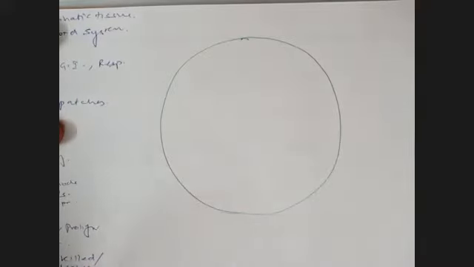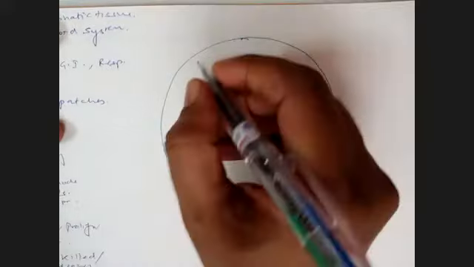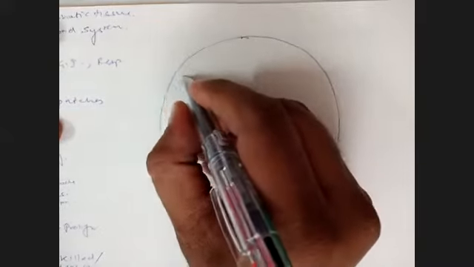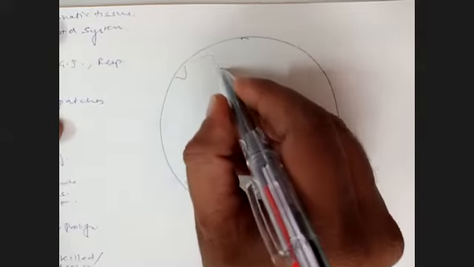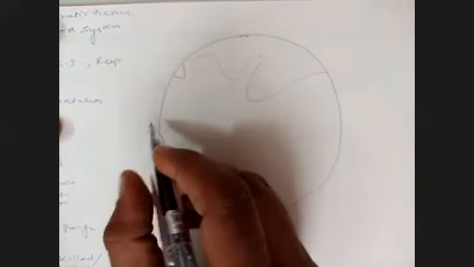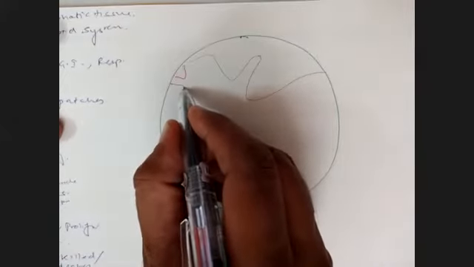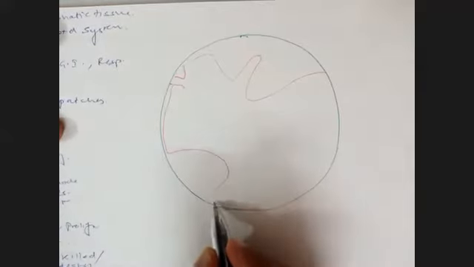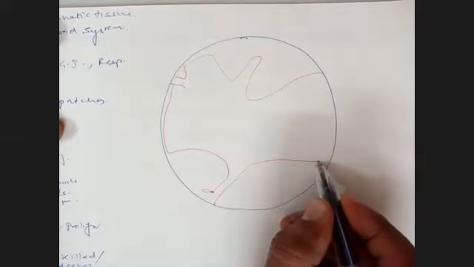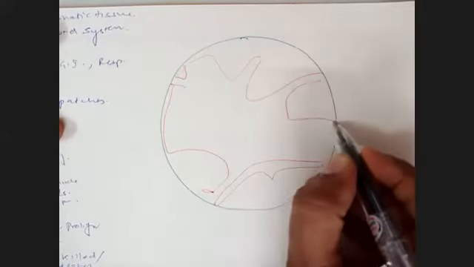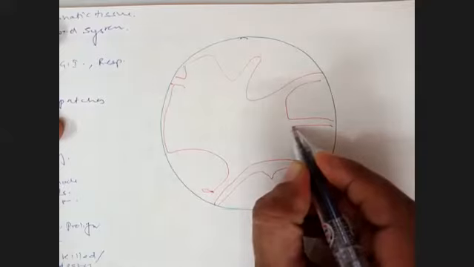Now in this slide, the thymus is divided into various lobules like this. So various lobules are there inside the thymus.